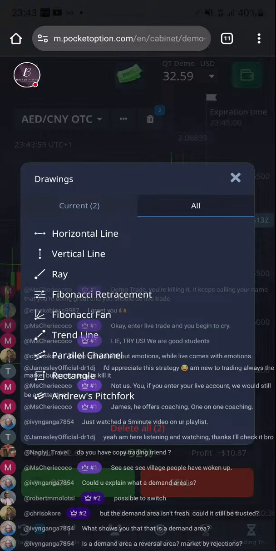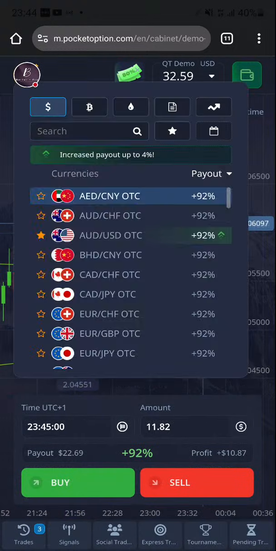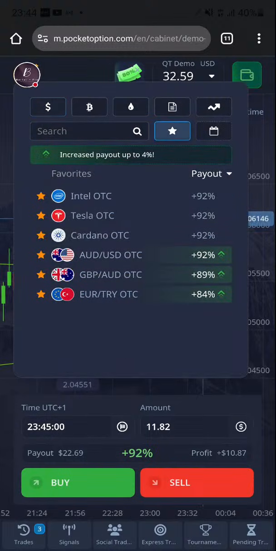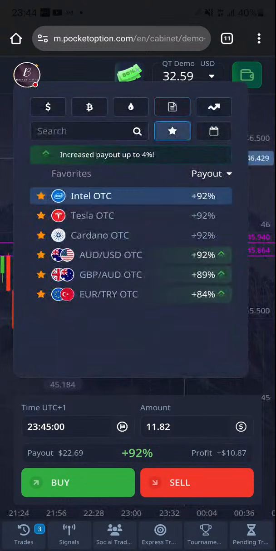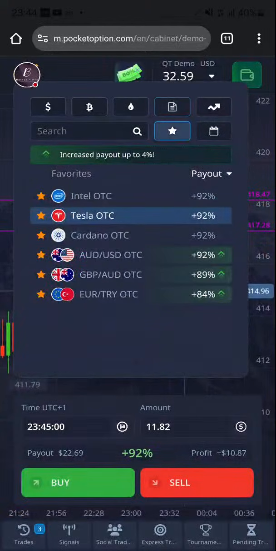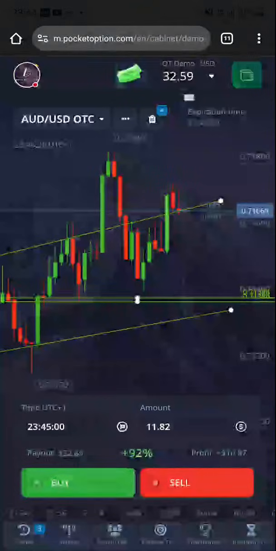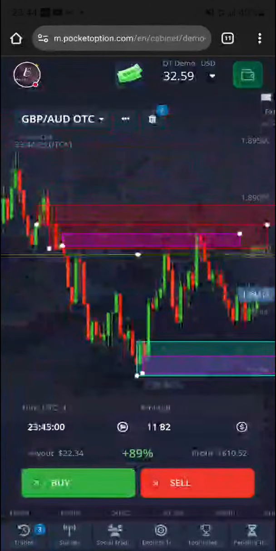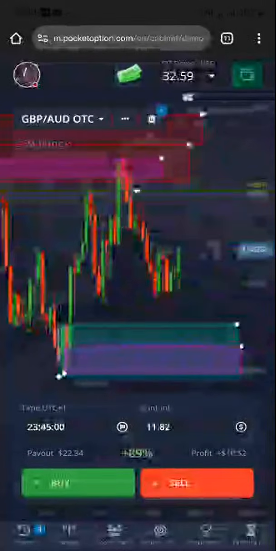Is a demand area a reversal area? No, it's not a reversal area. It's just an area where you have buyers and sellers. Let me show you. There was one particular marking I did. I think there was one market where I marked both supply and demand. Okay, fine. Look at this. You see, down here is the demand area, and up here is the sellers' area.